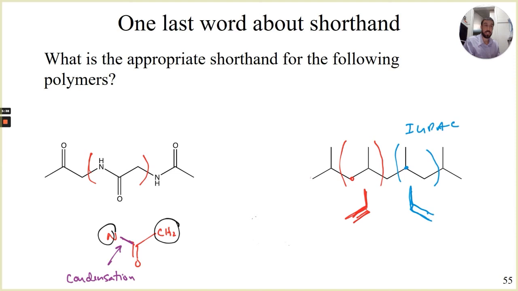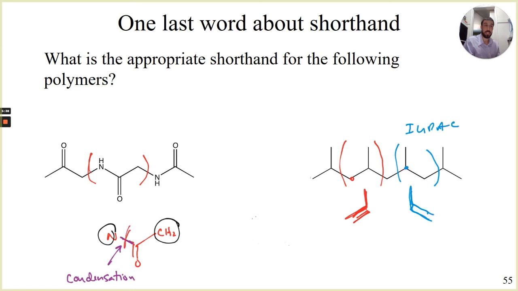This polymer is known as a condensation polymer. The other one's known as an addition polymer. It's so important, the referencing of that bond is so important that we name the polymer differently. And yet the shorthand we use, officially according to IUPAC, doesn't actually draw through that bond.